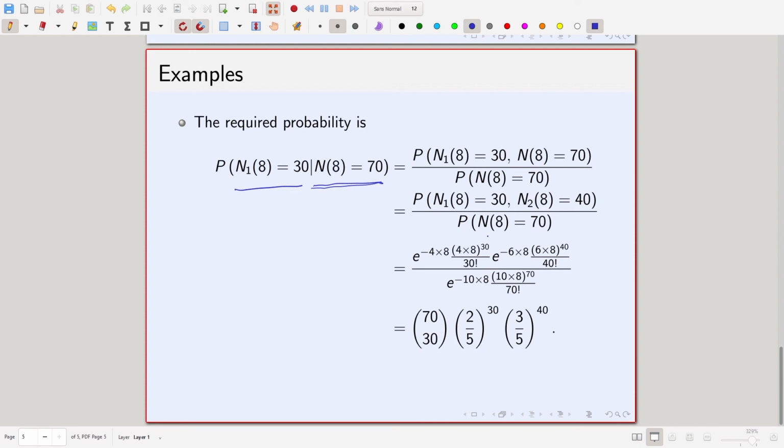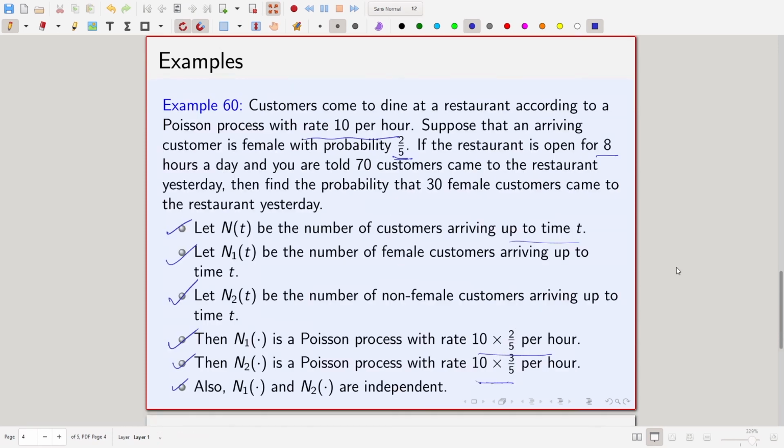Divided by probability N8 equal to 70. And now I write down the rates. This is basically probability N18 equal to 30 and N28 equal to 40, but this intersection will become just the product of the probabilities, because N1 dot and N2 dot are independent.